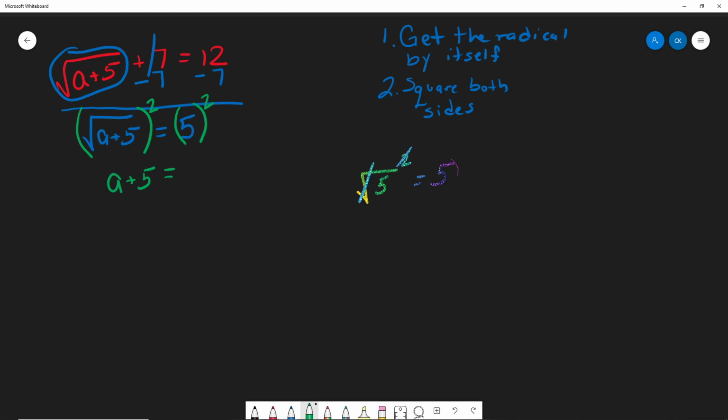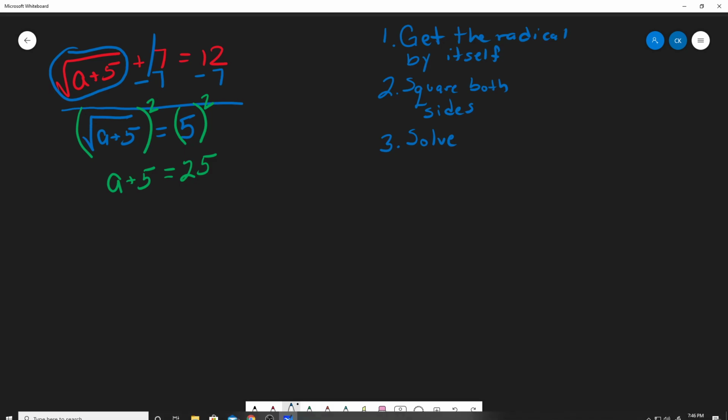I do have to work with the other side, though. But 5 squared, that's a pretty simple problem. 5 times 5 is just 25. And now, the third step in solving our radical expressions is to now solve for the variable.